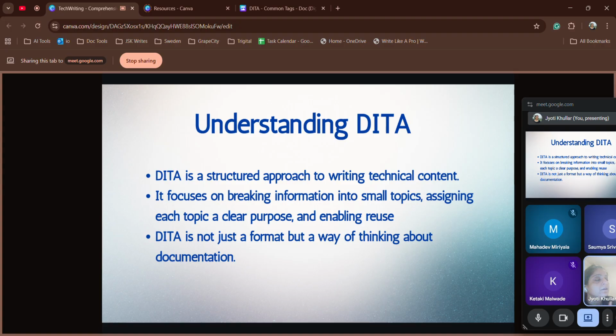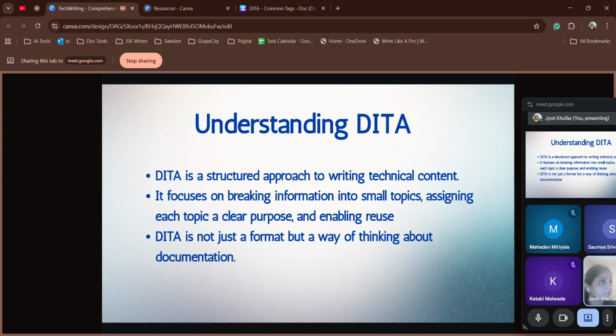There are a lot of different people who are writing different kinds of content. DITA tries to structure that so that even if the writers are different, the outcome is not that different, and it gives you a lot of advantages.